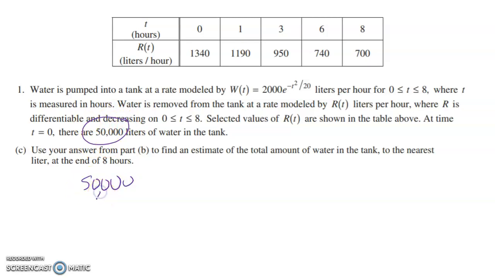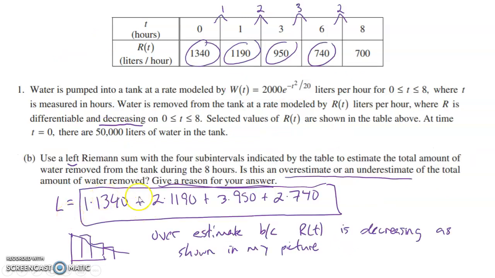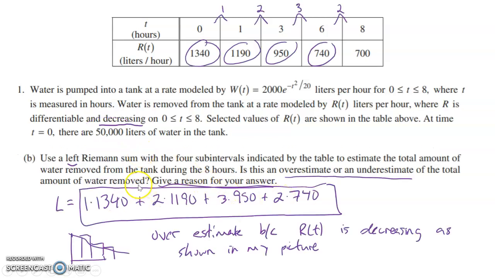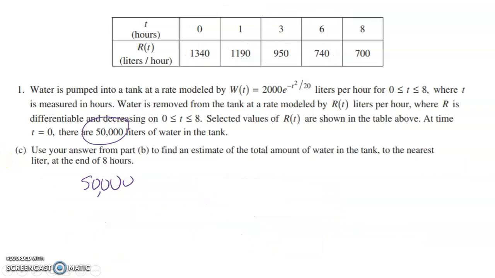Now, part B, if you actually do go and add all of these up, you could use AP form, you could kind of contrive it, but if we go and add all these up, we get, I have it written down over here, minus 8050. That is the amount lost from R of t. And then plus, I need to do the amount that is added.